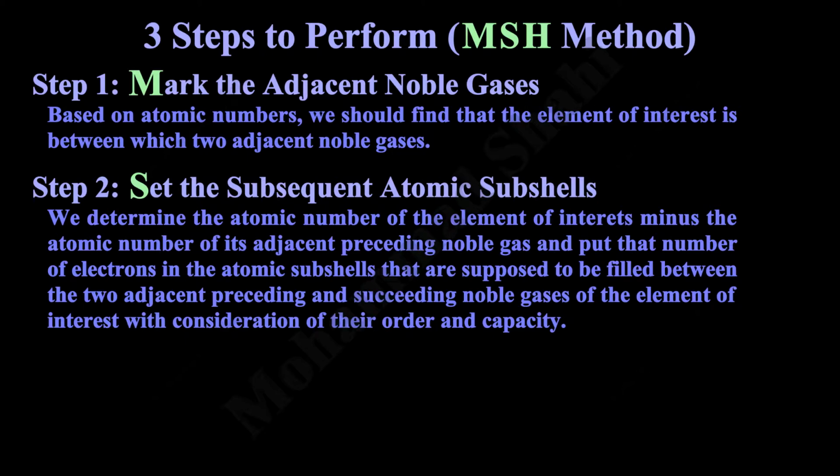In other words, in the second step, we determine the atomic number of the element of interest minus the atomic number of its adjacent preceding noble gas and put that number of electrons in the atomic subshells that are supposed to be filled between the 2 adjacent preceding and succeeding noble gases of the element of interest, while we also pay attention to order and capacity of the atomic subshells.